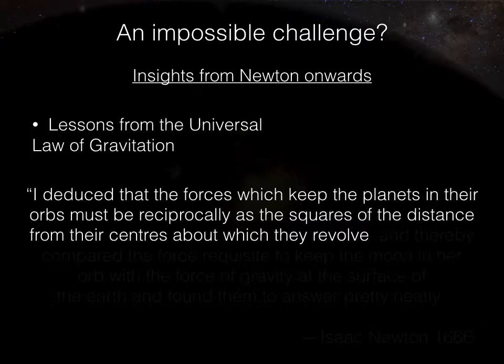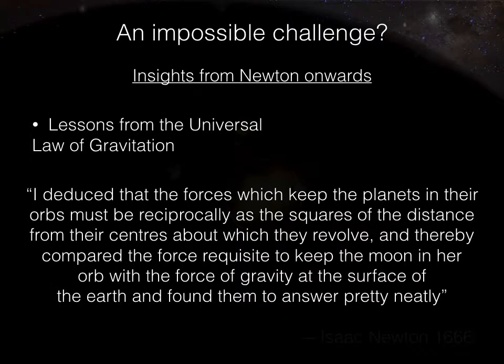What he means here is that the forces that keep the planets orbiting around decay as 1 over the distance squared. Now, he adds, "and thereby compared the force requisite to keep the moon in her orb with the force of gravity at the surface of the Earth, and found them to answer pretty neatly."